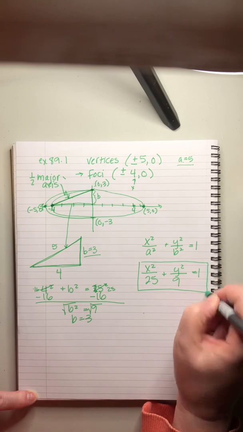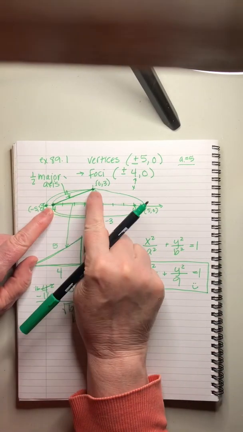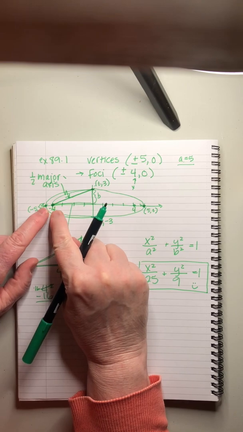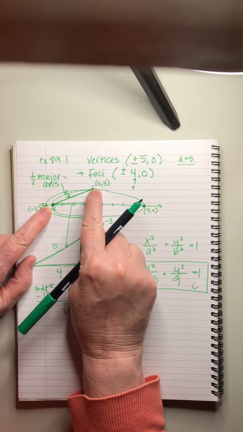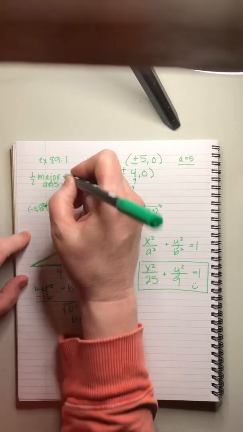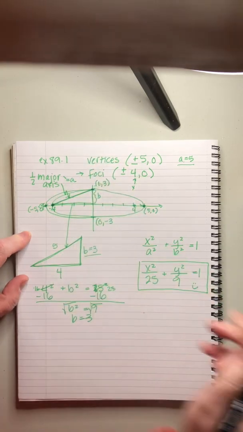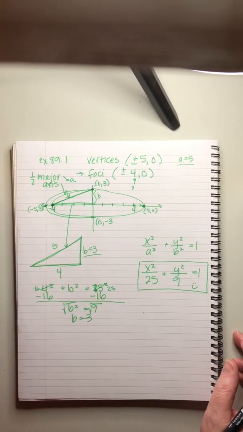Cute, right? Once we know this little trick about how to find the distance from the focal point up to the top here, and we know that that's equal to half the major axis, which is equal to A, it's not so bad. We use a little Pythagorean and it's all good.